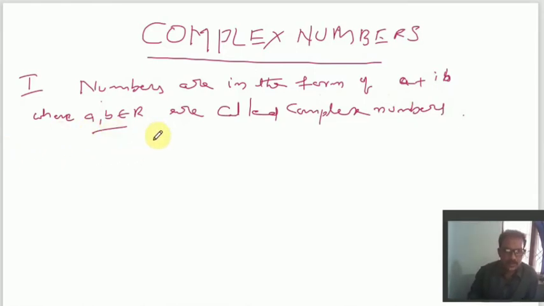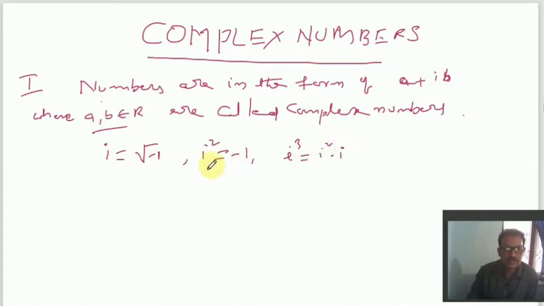Suppose a, b are any two real numbers, then the numbers in the form of a plus ib are called complex numbers. Here the symbol i is used. Its value is equal to root over minus 1. That implies i square is equal to minus 1. Suppose i cube is equal to i square into i.